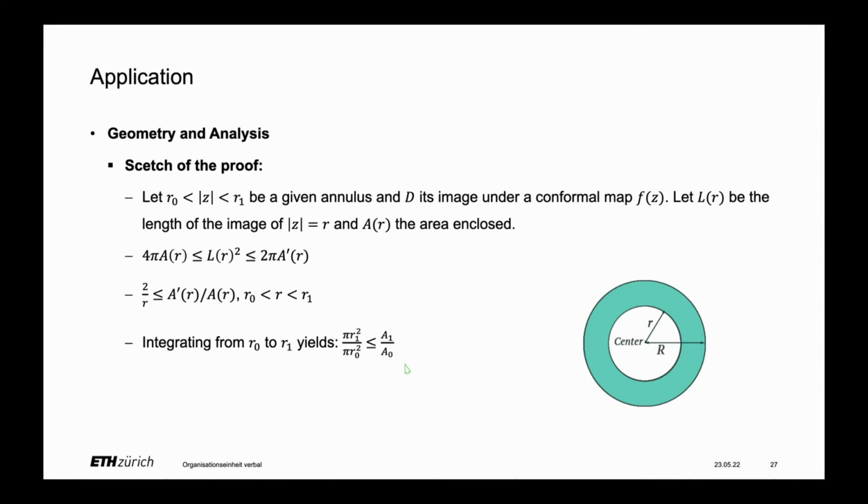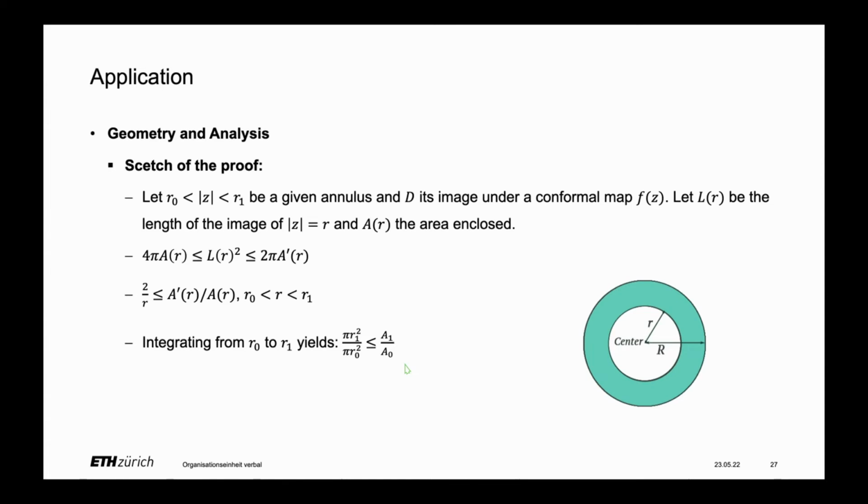So what we have here is let L(r) be the length of the image of where the absolute value of z is equal to r, and A(r) is exactly the area enclosed. So first of all, what we are going to do is we are just using the isoperimetric inequality in the plane here.